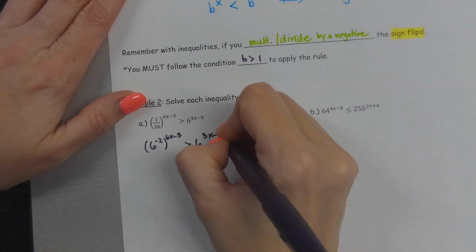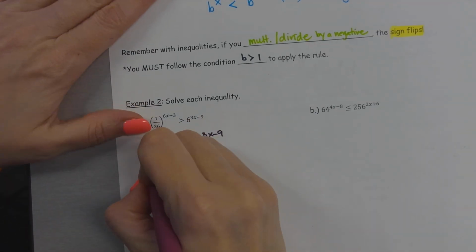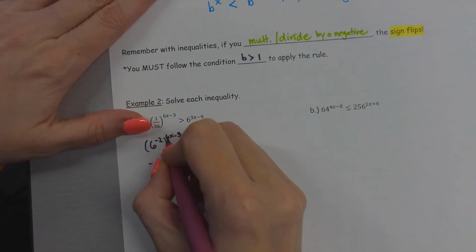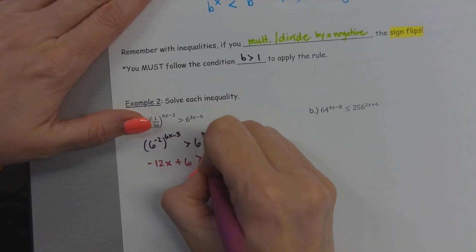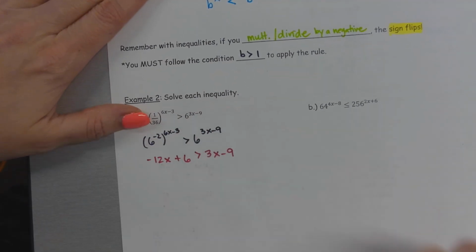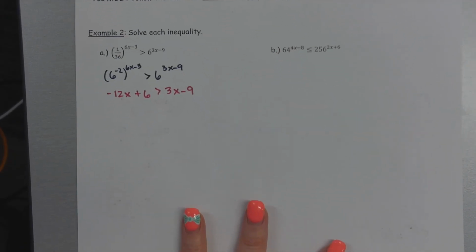That one already has the base. Okay, so we have -12x. Negative times a negative is a plus, greater than 3x minus 9. Okay, and I want you to go ahead and solve it from there.